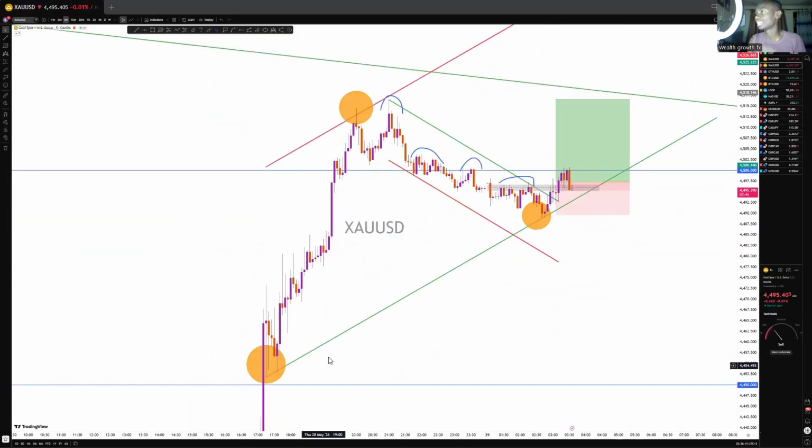It just started, the ascending channel just got started. And now that it has just started, it's very tricky for you to go for long term sells when you haven't confirmed the breakout.